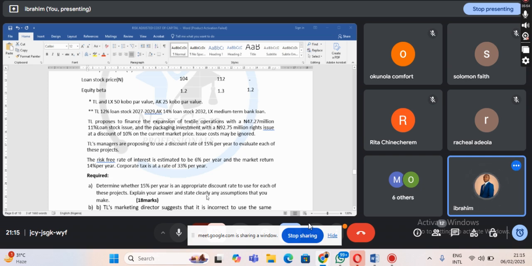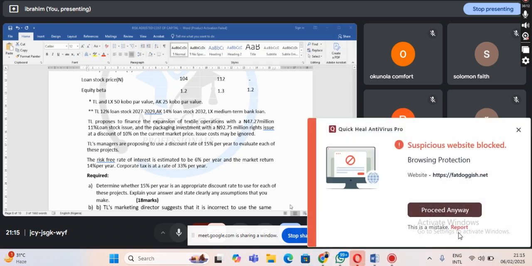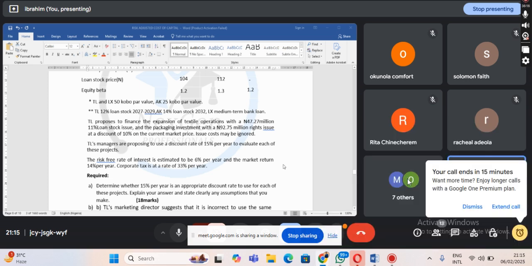So your value of debt is 47.27, because that is what we computed, and the cost of debt is 11%, right? So what will be the value of equity? The value of equity will still be the same for the packaging investment. So now, class, screenshot this part.